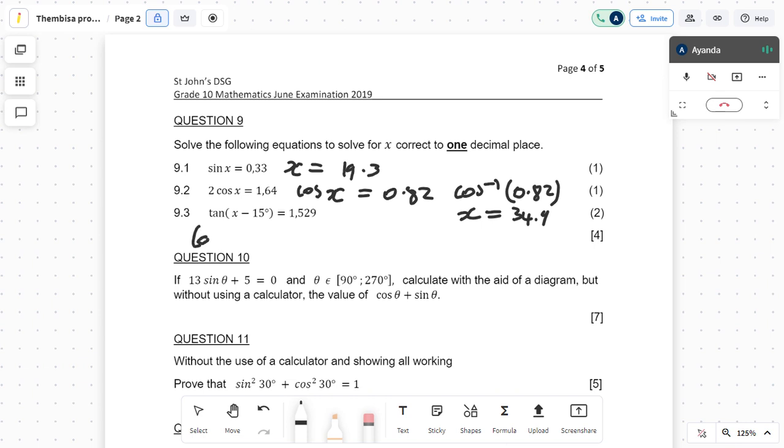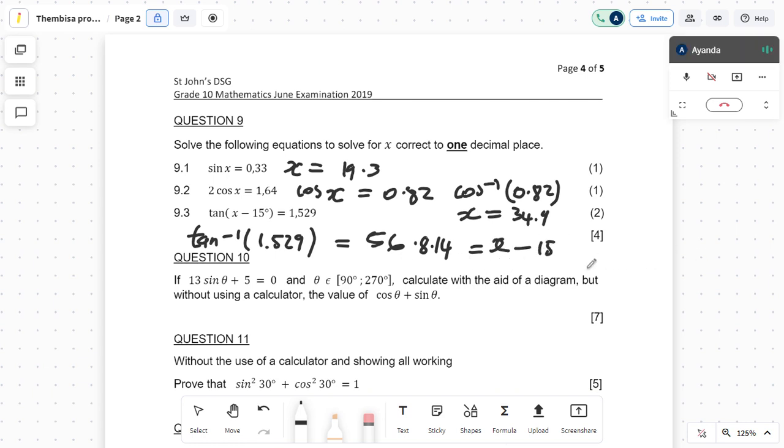So shift tan of 1.529 gives us 56.814. And this is equal to x minus 15.